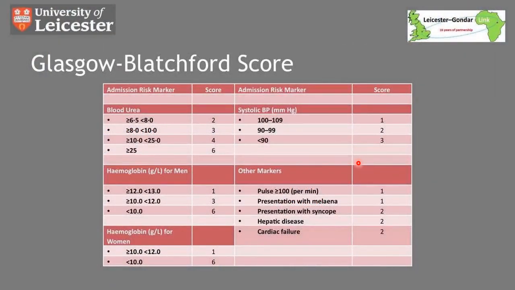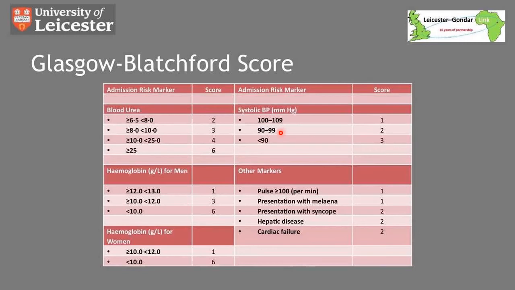These days, these parameters that are used to assess the severity of bleeding are given in some scoring systems. The two common ones are the Glasgow-Blatchford score and the Rockall score system.